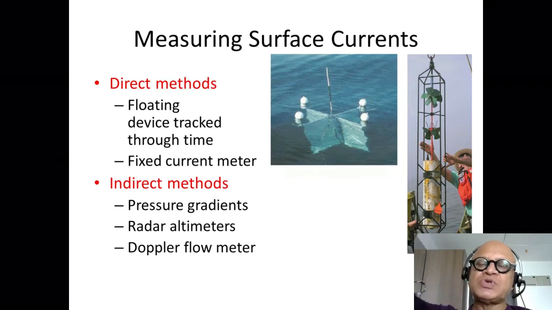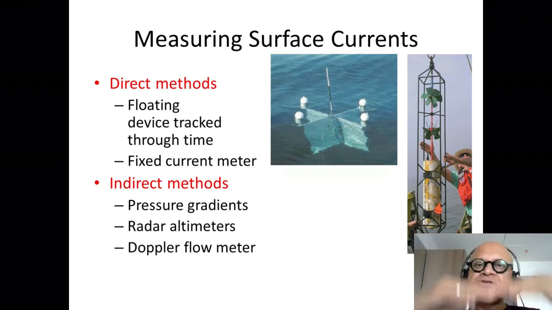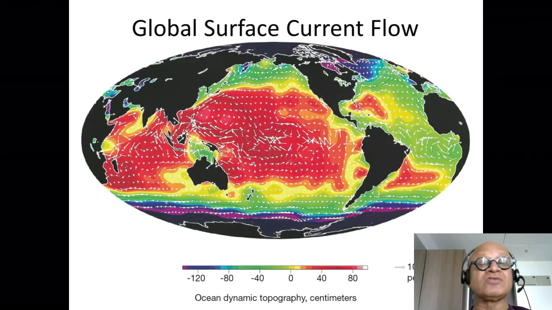Okay, they're shooting down a laser and they're measuring the time it takes for the laser to hit the ocean surface and come back. So it measures ocean waves, ocean's motion, ocean's sea level rise, and so on. It has been an incredibly useful concept called radar altimeter, which is now used a lot for measuring sea level rise because of global warming, which we will see later on.